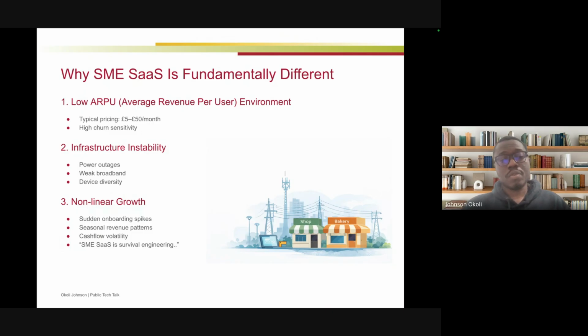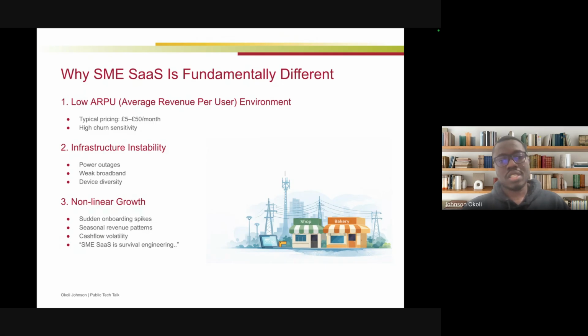Then infrastructure stability, they're also prone to power outages in terms of physical. When you have physical stores, with power outages, you want to ensure you have strong power, and also weak broadband. So most times the users that purchase the software might not even be within reach of strong connectivity.